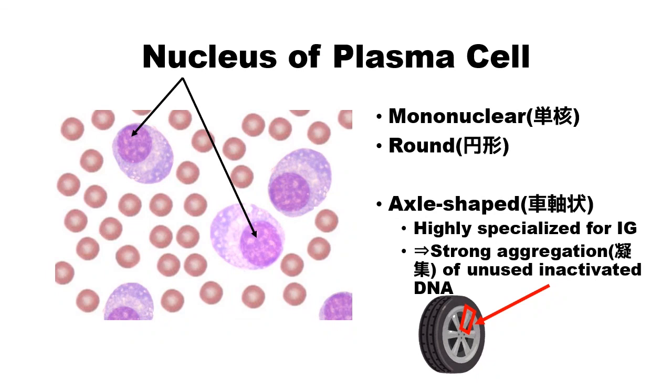So, unused inactivated DNA aggregates as heterochromatin. Since plasma cells are specialized for immunoglobulin production, they have particularly large amounts of unused genetic information, resulting in strong heterochromatin aggregation and characteristic axle-shaped nuclei.